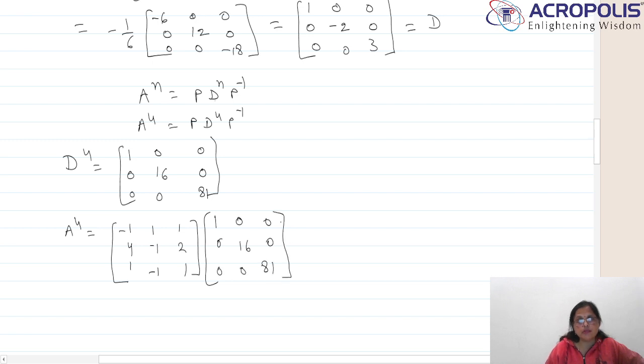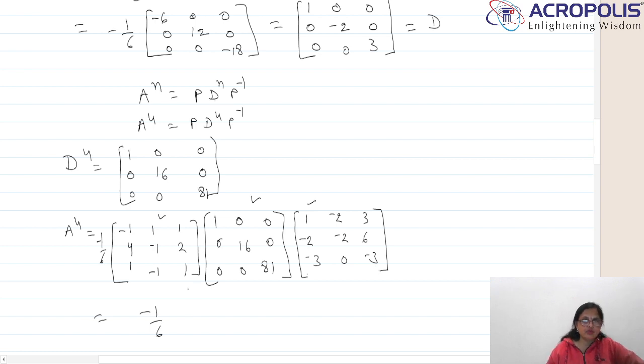What is P inverse? P inverse is equal to minus 1 by 6, minus 1 by 6 right here, and 1 minus 2 minus 3, minus 2 minus 2 0, minus 2 minus 2 0, 3 6 minus 3. If we multiply this, what do we get? First you multiply these two matrices and the answer will be multiplied by this matrix.